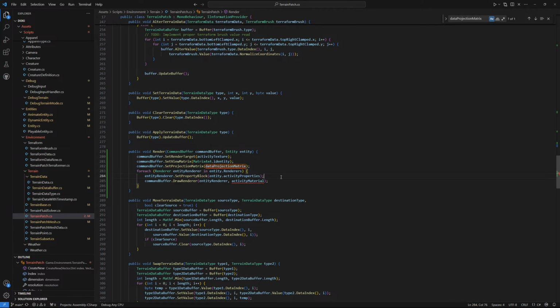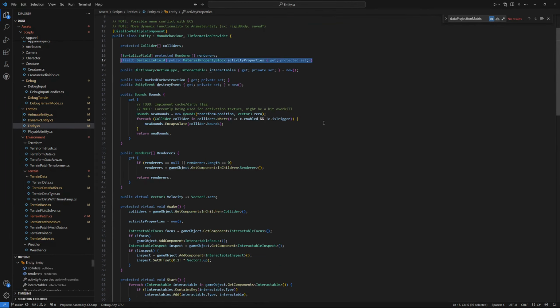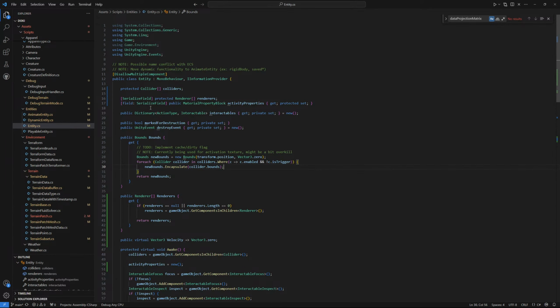No, we can't do it. Or can we? Entity runner, set property block. Yeah, we set it in the renderer. Yeah, we probably don't need this one here.